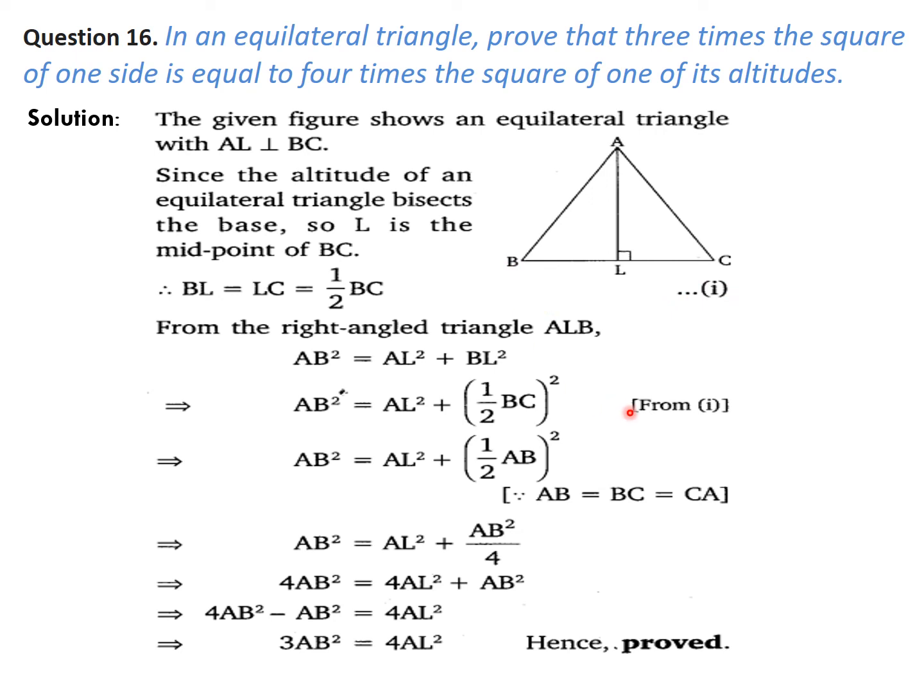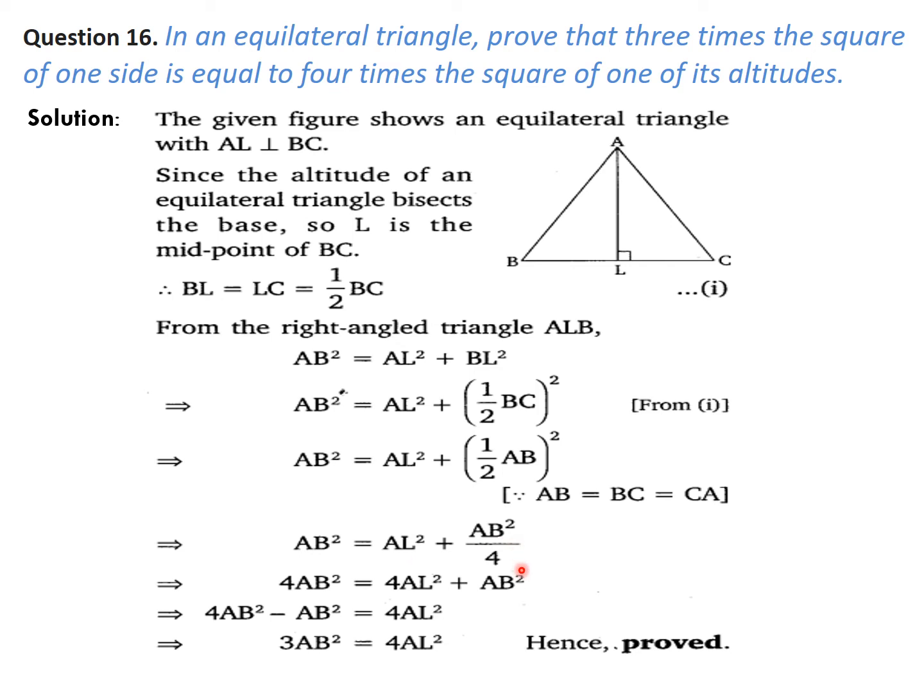So I told you that we have to bring everything in terms of AB and AL. So if we have bits and parts of any other side, we will try to bring it in the full form of the side. So we bring it in the form of BC, and now since BC goes to AB, we have just substituted it. We have written the reason here, and now let's calculate.